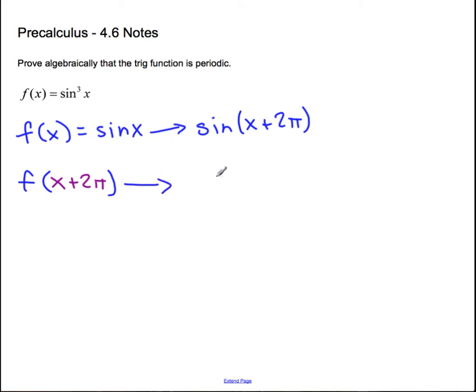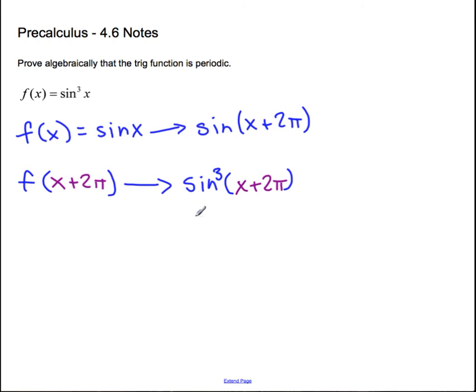Sometimes you get something that's totally different. Well, what does this look like when I substitute that in? It turns into sine cubed of x plus 2 pi. Okay, so far so good, no problems.